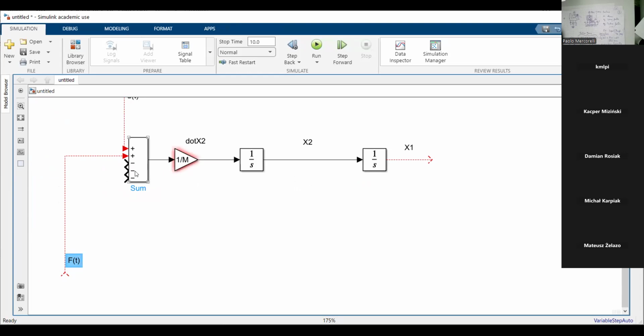But it's not so difficult, basically, because, for instance, here we have Ks multiply x1, the spring effect. This means I copy this, and here inside I write Ks.